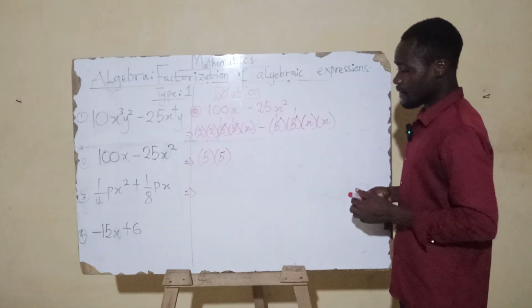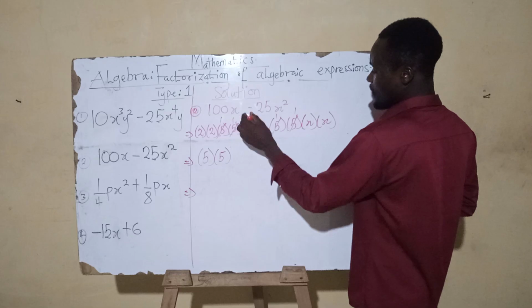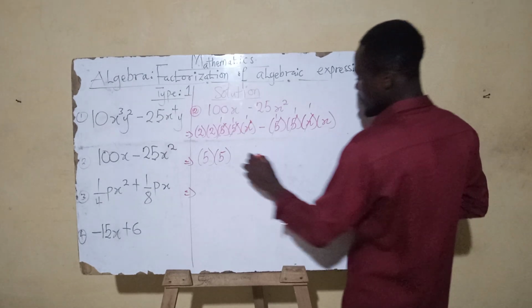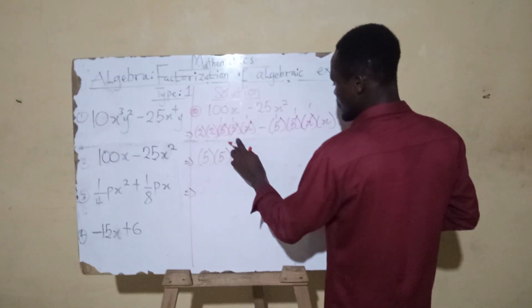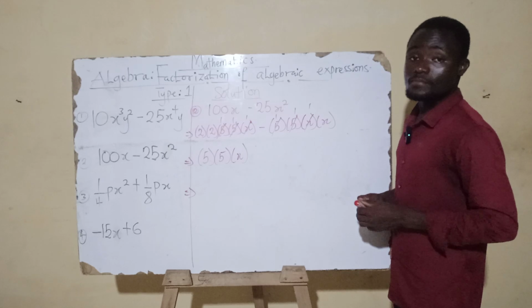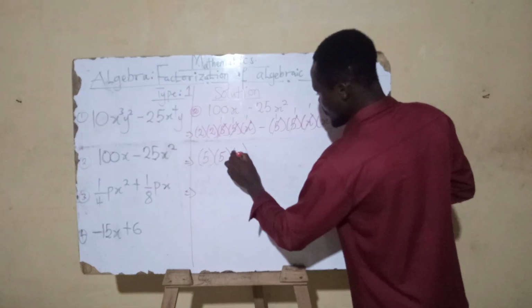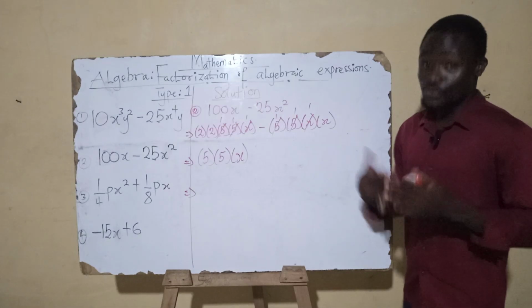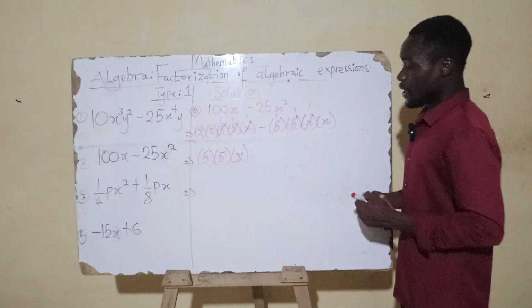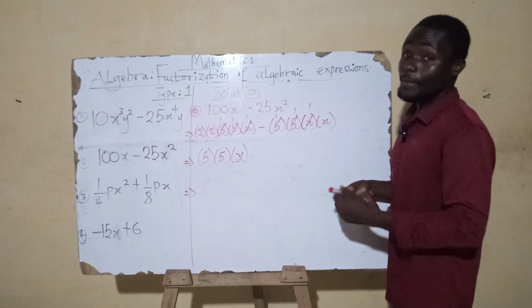I believe you are clear with that. Very good. If I come here, I have x here, there's x here too. So I'll identify this as my common factor. Are you clear with that? Very good. So let me write this x well so that you will see it well and enjoy the lesson. Okay, so I am done identifying the common terms.